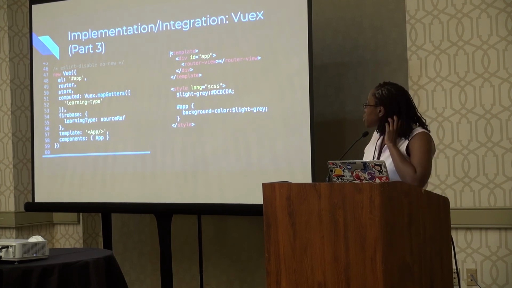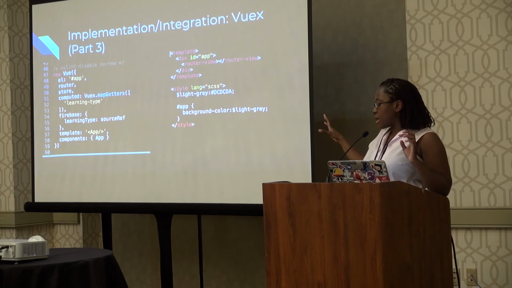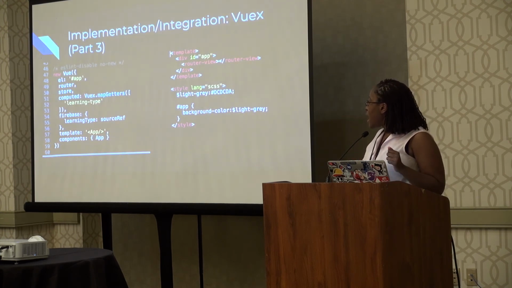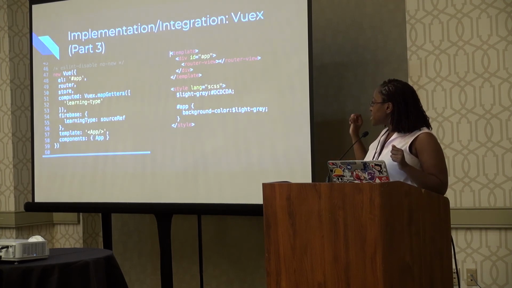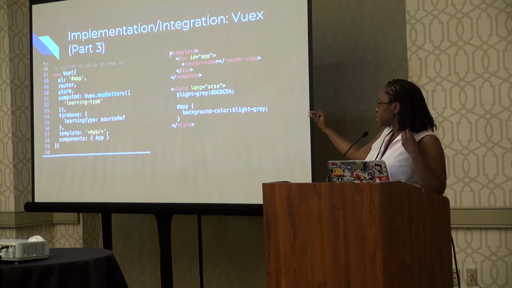I also had to remove the original Firebase information that I had in my main app component and leave that alone and pristine, since I wanted it to go into separate components. And I had to go back into my main.js file again and essentially add the store to the Vue object itself, and also map getters and add the actual Firebase database to it.